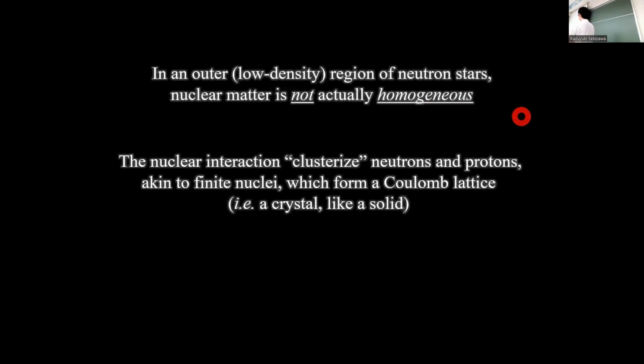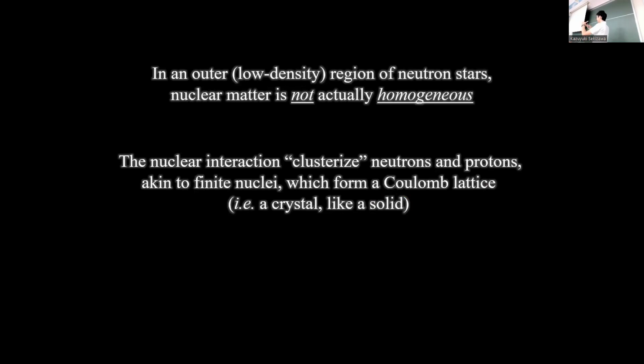The reason is the nuclear interaction, or nuclear force, which is attractive. Neutrons and protons are clusterized, like the formation of finite nuclei, and they form a Coulomb lattice. It is more energetically favorable.